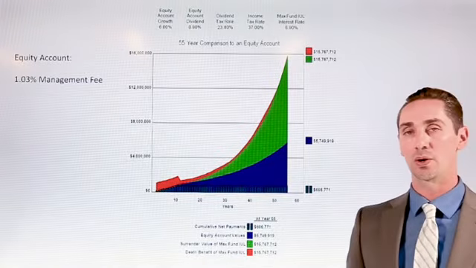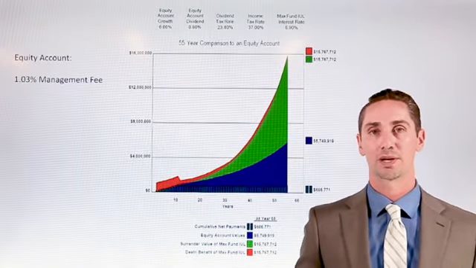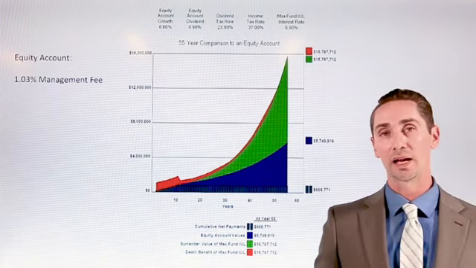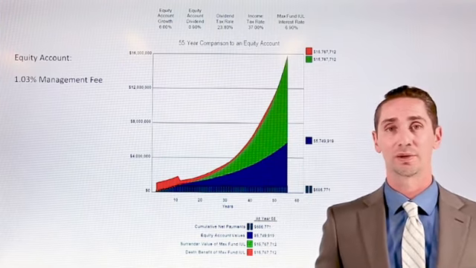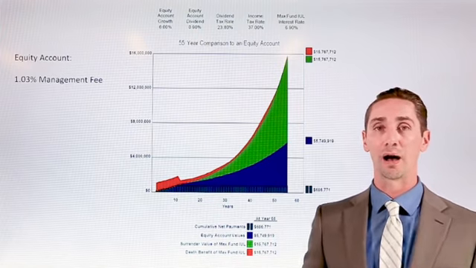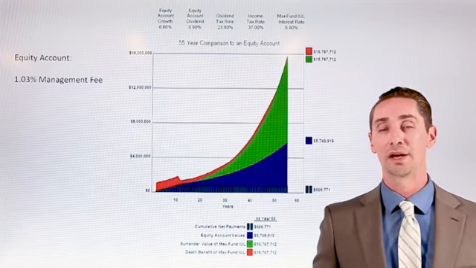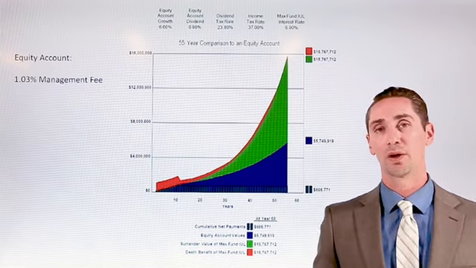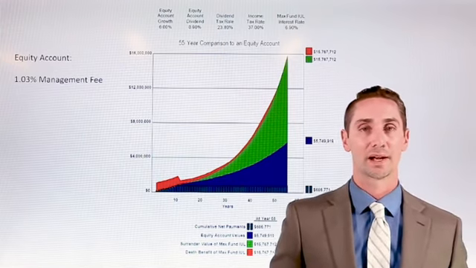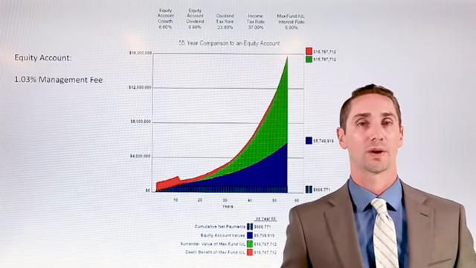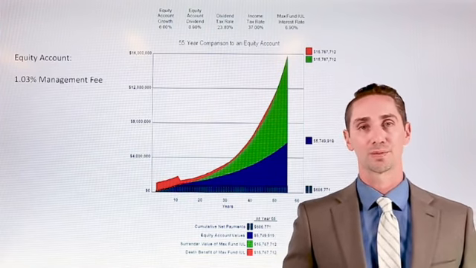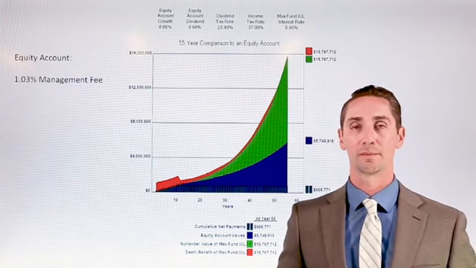However, same dollars going in, same 6.9% gross rate of return, the IUL over that same time frame grew to $15.7 million. That's a $10 million alpha, or difference, between funding into an equity account or funding into the indexed universal life policy, primarily due to the lower fee structure of the life insurance policy when we maximum fund.